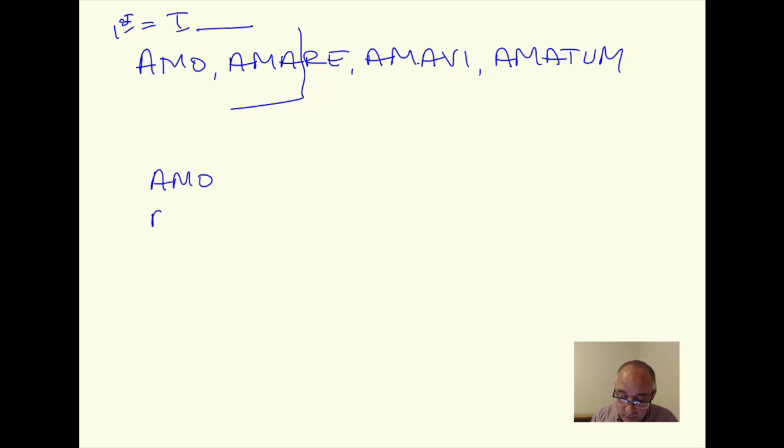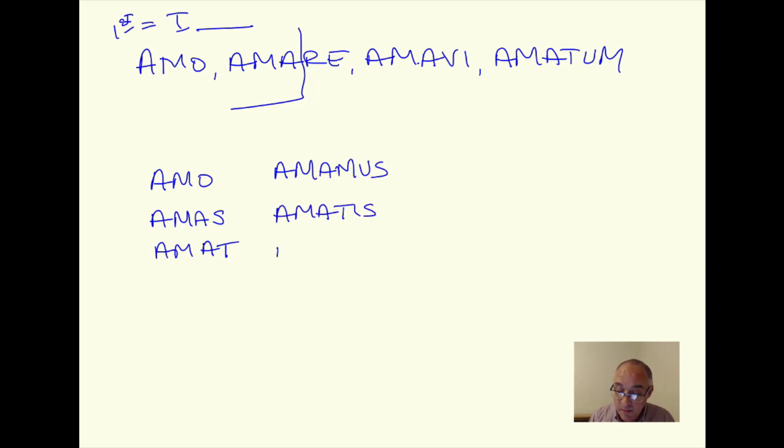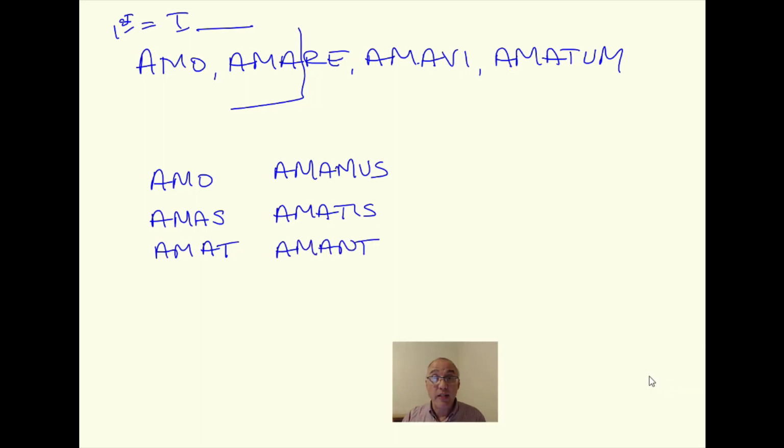Amo, amas, amat, amamus, amatis, amant. Do you see what I did? Let's write down our endings. We'll put them right over here in the corner. O or M, S, T, M-U-S, T-I-S, N-T.